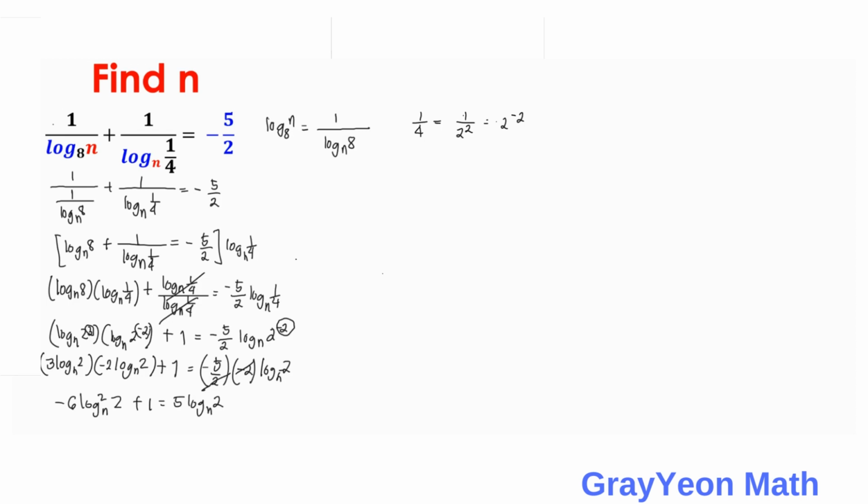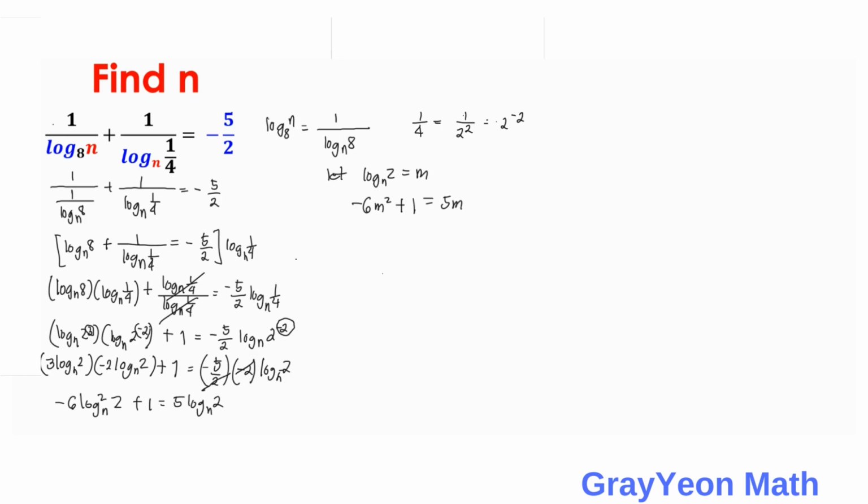If we let the logarithm of 2 to the base n be equal to m, we have negative 6m squared plus 1 is equal to 5m.